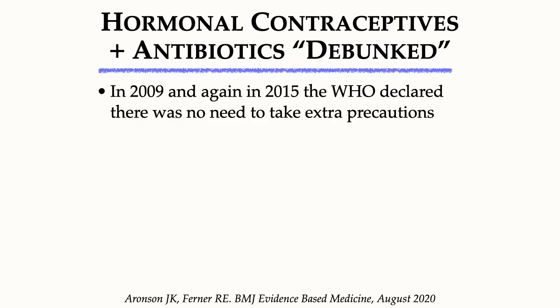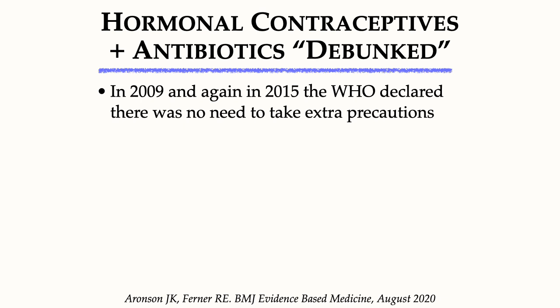So, quick history again. It started in 1972, when the first reports of unintended pregnancies began to be reported. And it kind of oscillated back and forth, where people thought it was real, not real, real, not real.